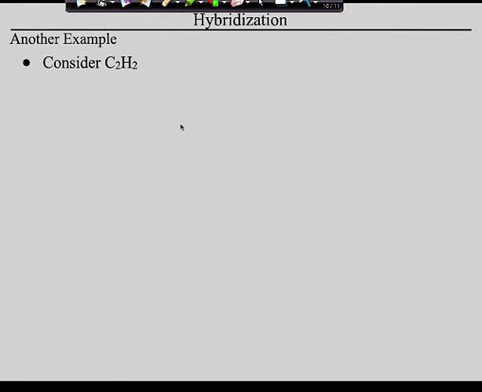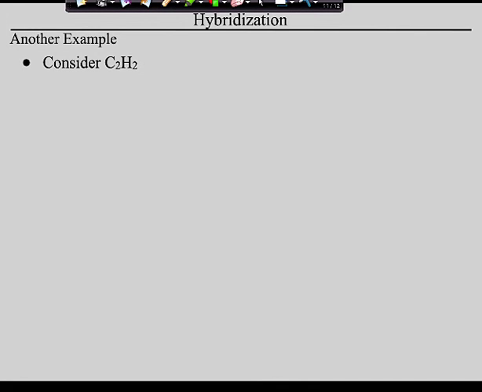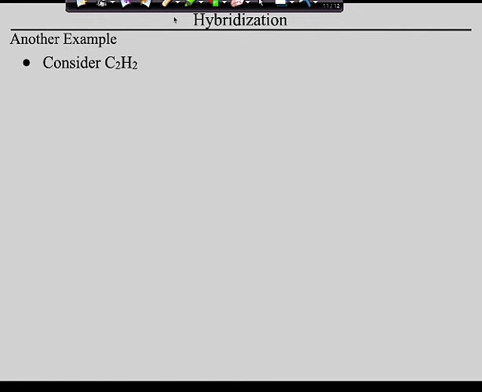So guys, C2H2. I'm about to show you just how bad of an artist I really am. So, forgive me if I'm giving something away, but you've got hydrogen, carbon, triple bond, carbon, hydrogen.